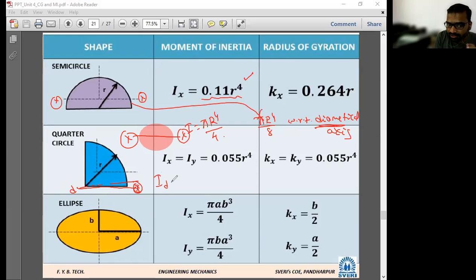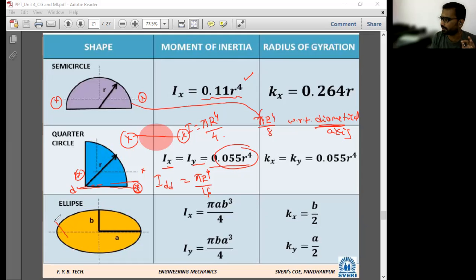About the diametrical axis, full circle was pi r raised to 4 upon 4. Now quarter, it means 16. When you calculate about the centroidal axis xx, you will get 0.055 r raised to 4. I will tell how we have to take it.